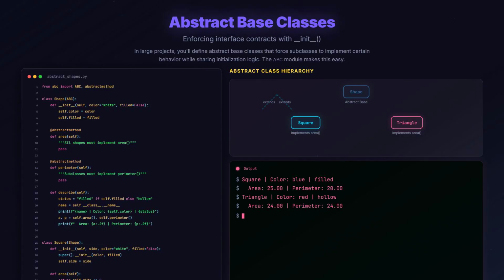This means any subclass must implement them, or Python will not let you create an instance. Square and Triangle both call super().__init__ to set up the shared attributes, then implement their own area and perimeter calculations. The describe method in the base class works for all shapes because they all implement the required methods. This is how you enforce interface contracts in Python.